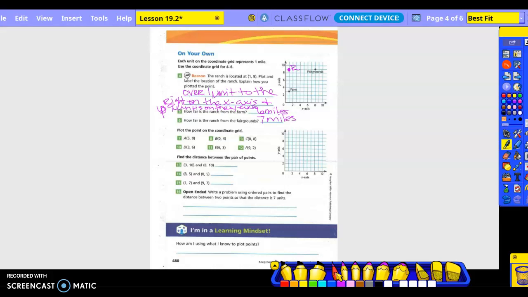Plot each point on the coordinate grid. So A, we're going to go to the right 5 and 0, and put a letter A. Number 8, we're not going over right any, right? We're going to go up 4, and that's letter B. C, we're going to go over to the right 8 and up 8.